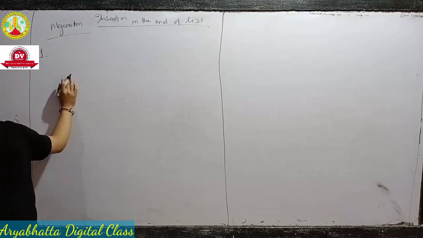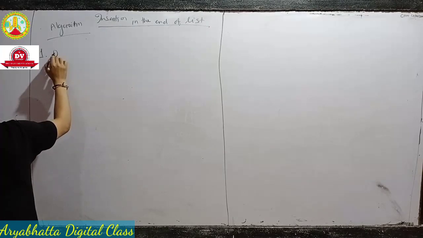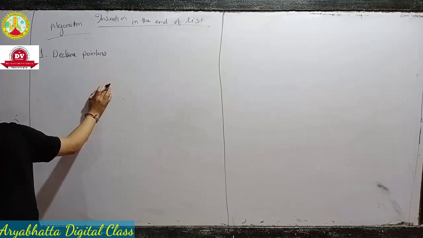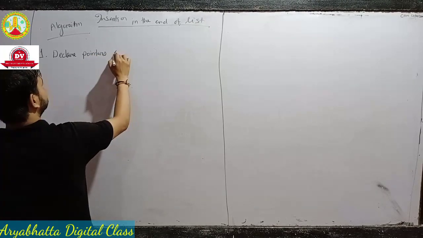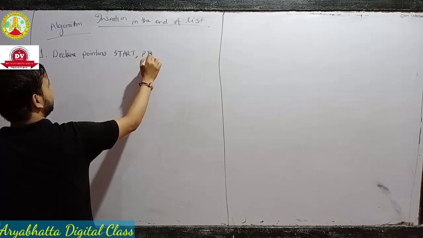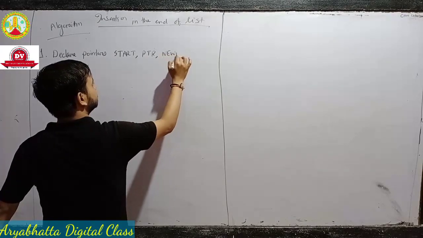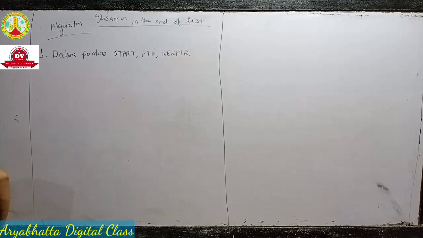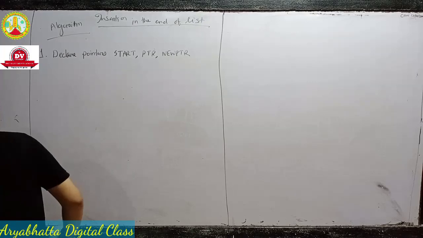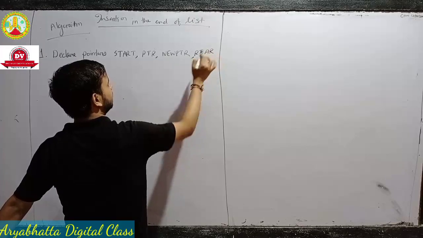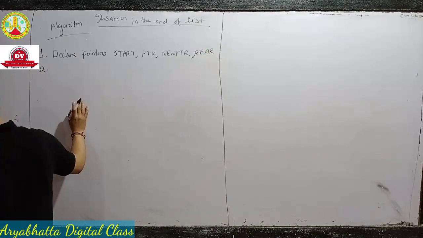Number one, same thing: declare pointers start, ptr, new ptr, and rear. I already told you rear. So ptr, start.